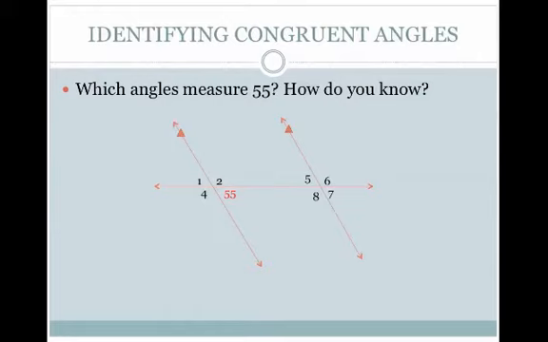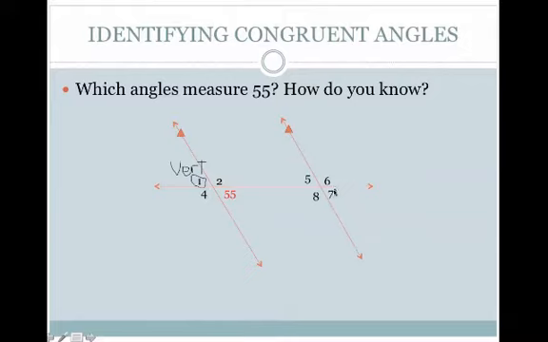Okay, so based on that last postulate, we want to figure out which angles measure 55. We know that this one is 55 right here. Well, we also know that angle 1 is going to be 55, because they're vertical. And we also know that the angle corresponding with the 55-degree one is going to be 55 as well, because we know that these two lines right here are parallel.